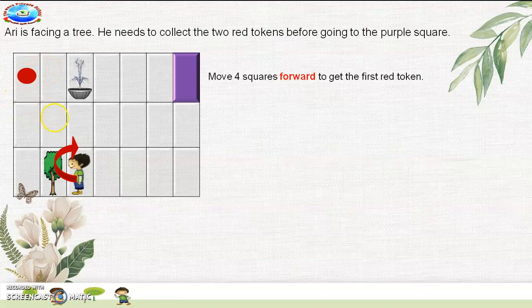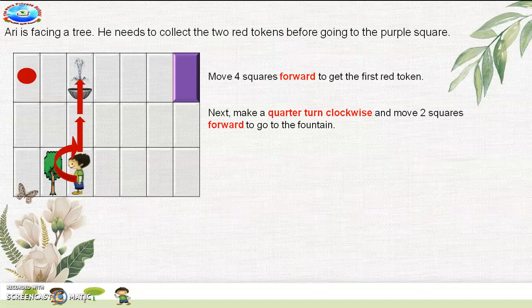I showed it with an arrow. So this is the clockwise direction. So next make a quarter turn clockwise and after that move 1 and 2 squares forward to go to the fountain. So write that step.